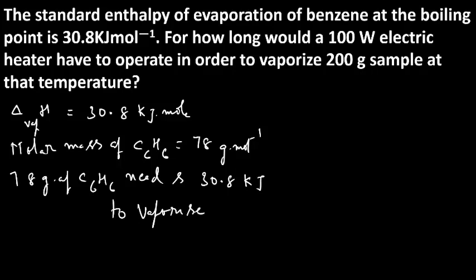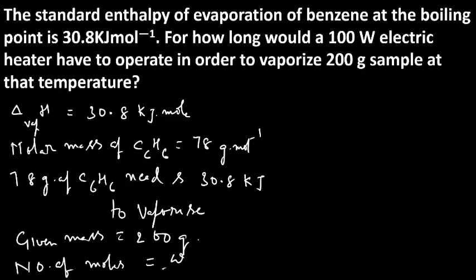Now, what is the given substance? Given mass is equal to 200 grams. Therefore, number of moles equal to weight by molar mass, that is 200 by 78. So, this is the number of moles, 2.56.